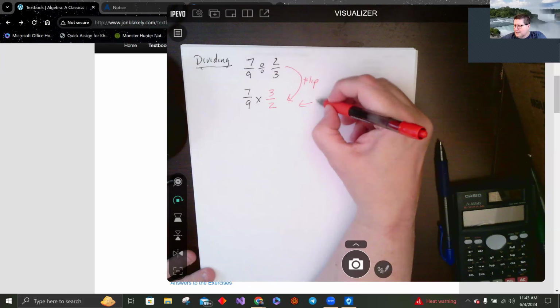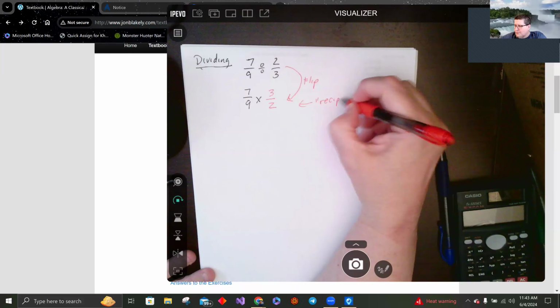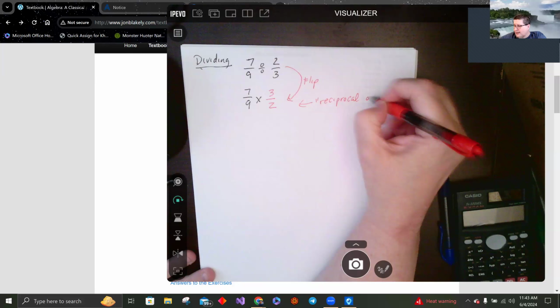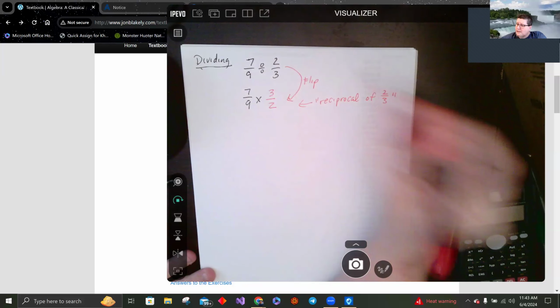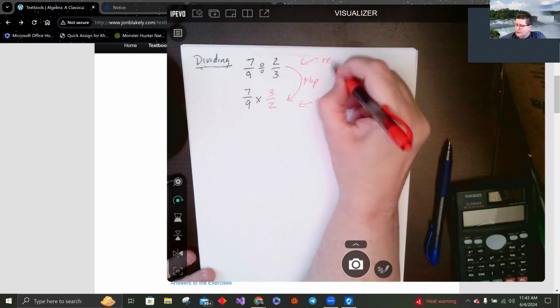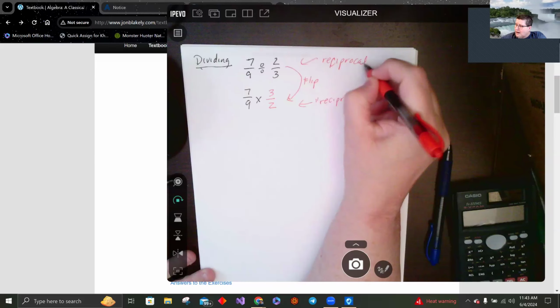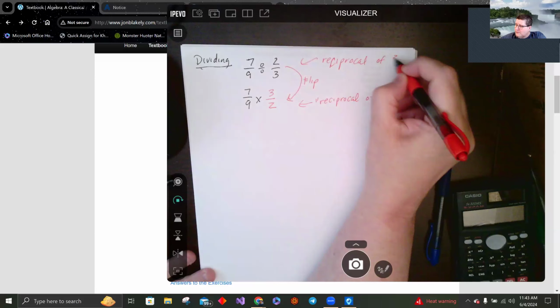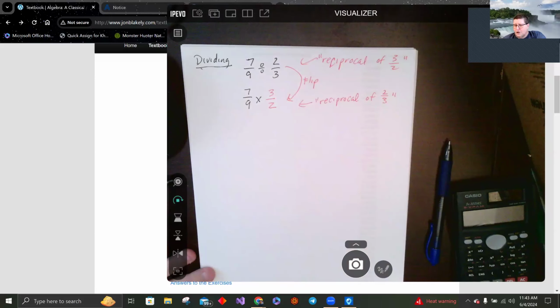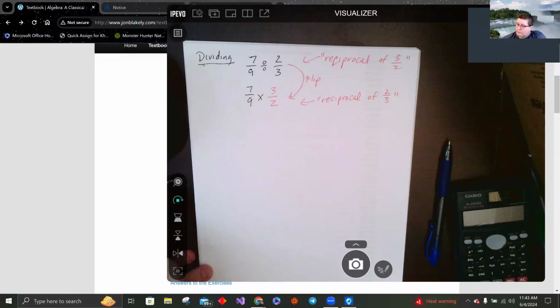This is called the reciprocal. The reciprocal of 2/3 is 3/2. So you multiply by the reciprocal.